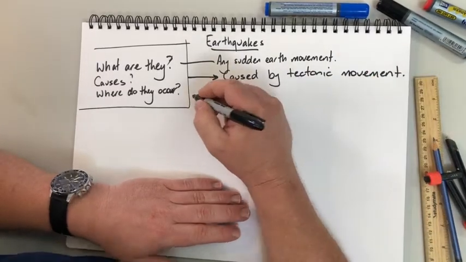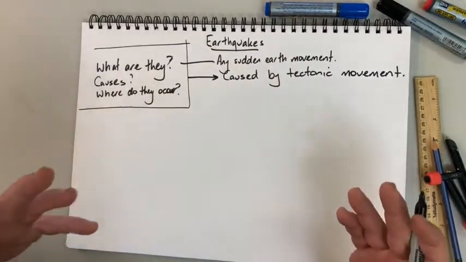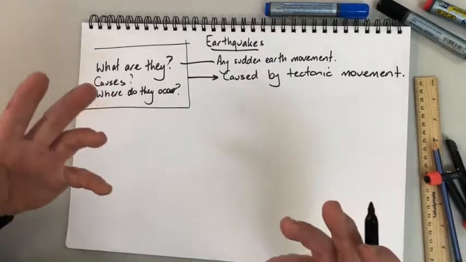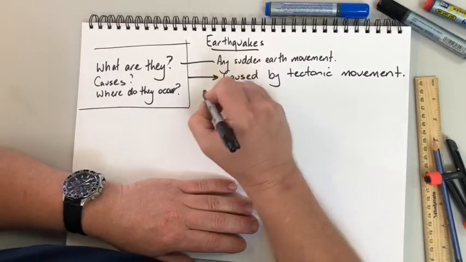If we think about the crust, or the lithosphere I should say, as being fairly brittle, it is prone to, I guess, sudden movements as we've got a great deal of movement going on underneath it.